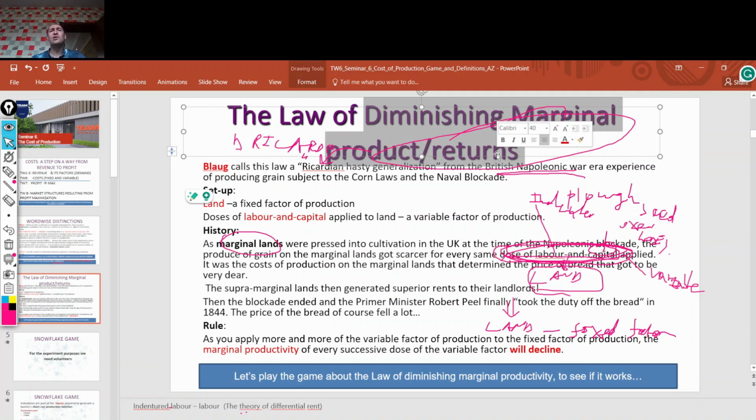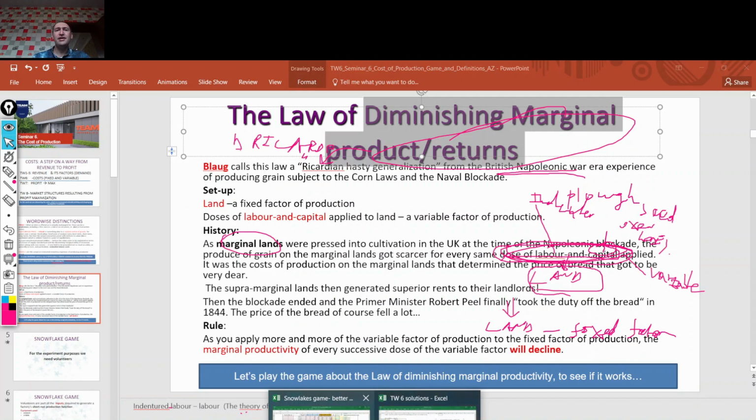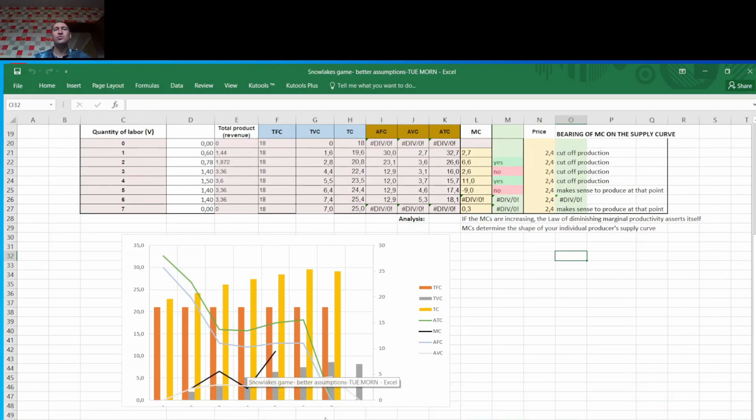It's not an absolute law, and with students we also played a game, not today, but the day before, Monday and Tuesday this week, to determine whether that law applies to their production process. It was like a production process of sorts: the idea of cutting snowflakes.